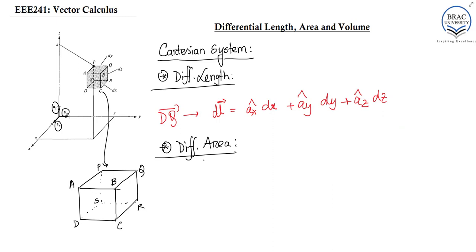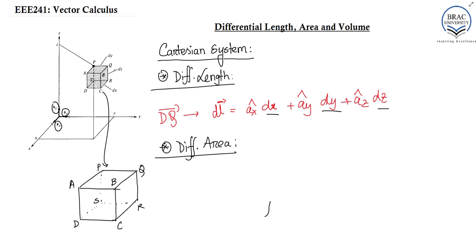Okay, now let's talk about the differential area after completing the differential length concept. The three coordinates of the differential length that we talked about, dx, dy, and dz, create a rectangular parallelepiped as we discussed earlier in the coordinate systems part.